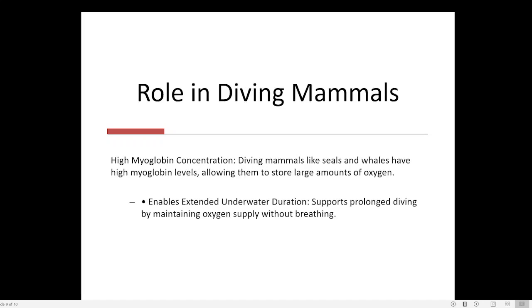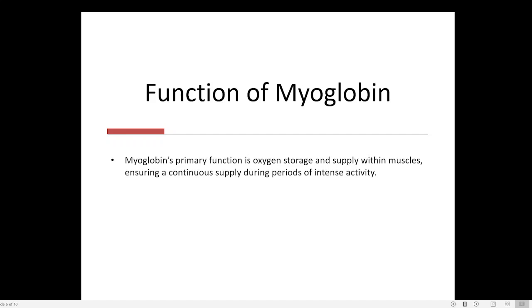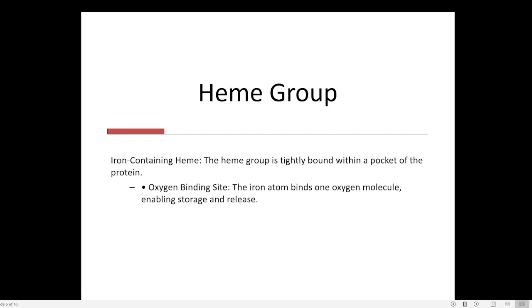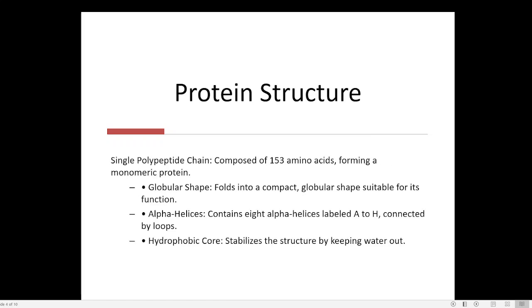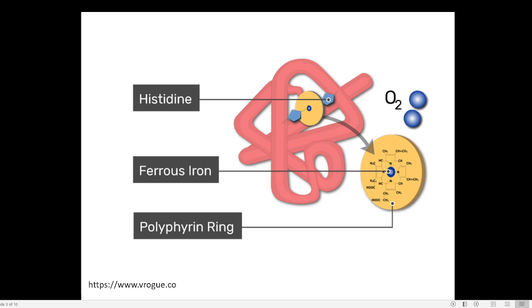So this is an idea regarding the function of myoglobin, mainly as a storage organ and for releasing. Then coming to the structure: a globular shape, and there will be an iron-rich heme group in the center. There is only one polypeptide chain. So this is an idea regarding the structure as well as the function of myoglobin.